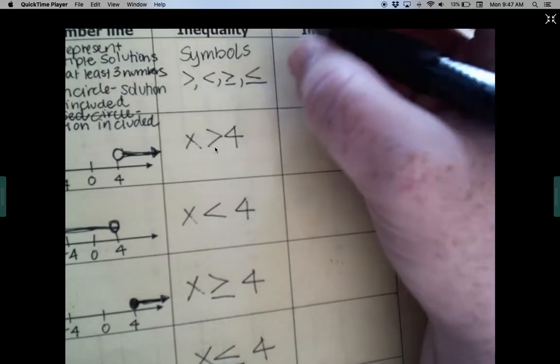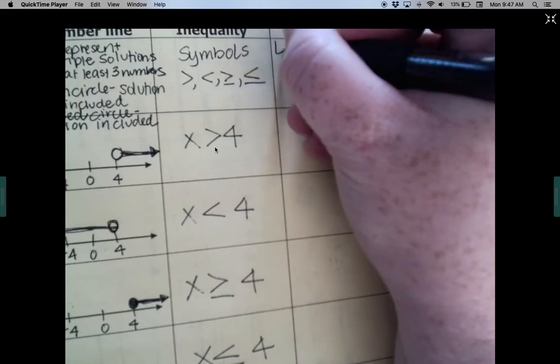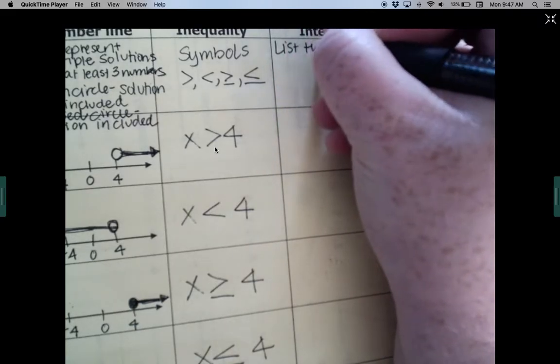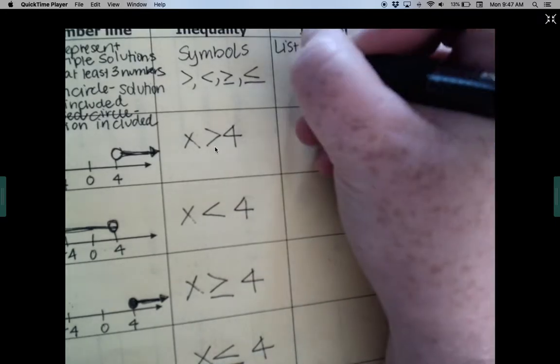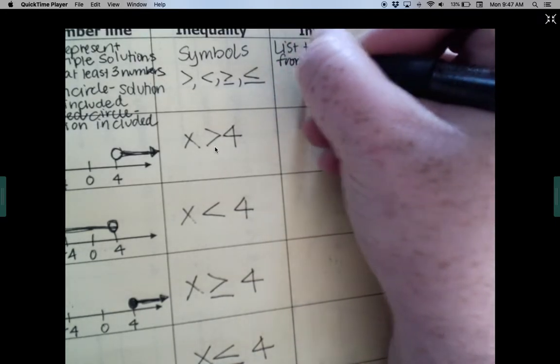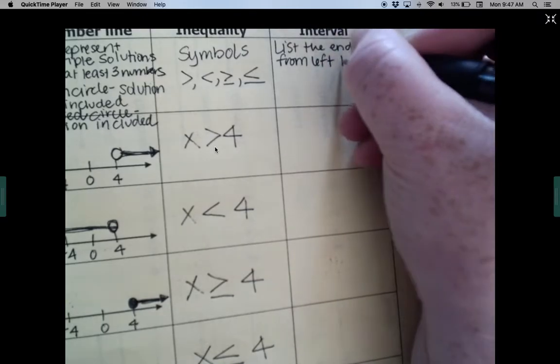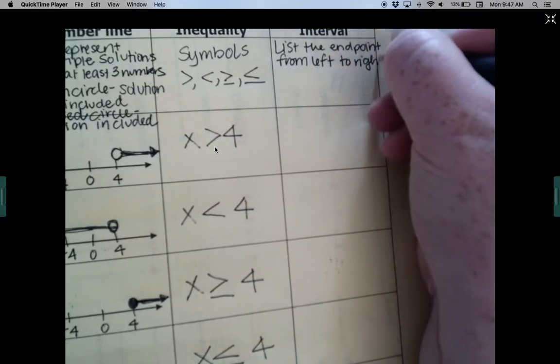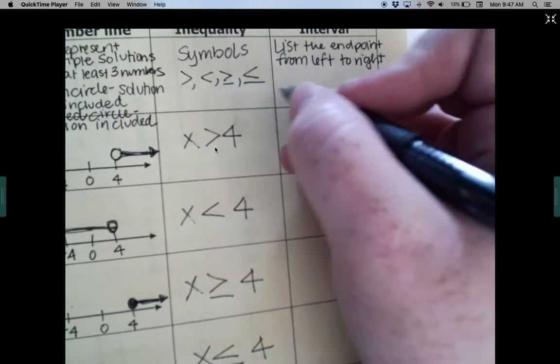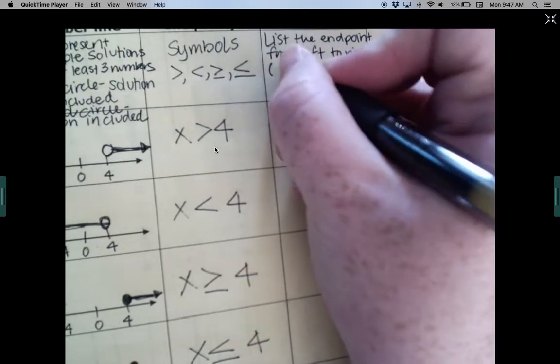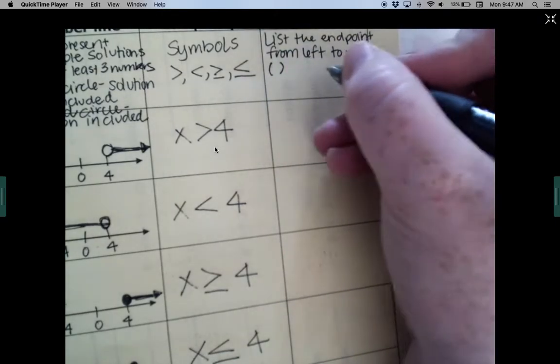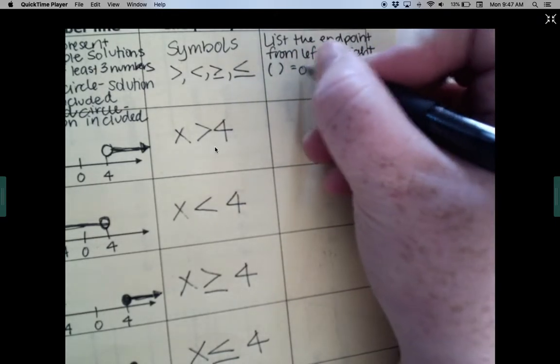Okay. Thank you. Okay, so interval notation is a way to list the endpoints from left to right. There's a couple different notations. There's the regular parentheses. Those are what we use when we have open circles.